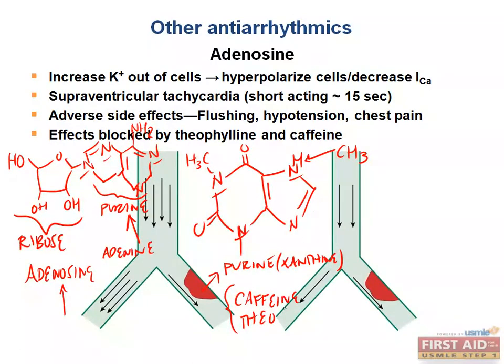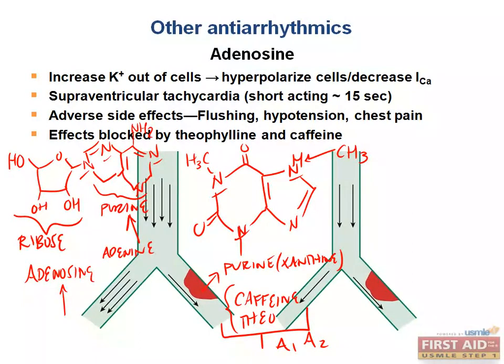Basically, these similarities allow caffeine and theophylline to just sit in the adenosine receptors without actually causing the induction of intracellular signaling. So they block the receptor without actually having the end result.